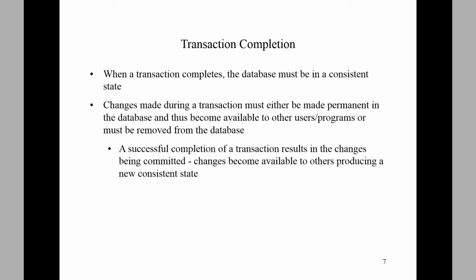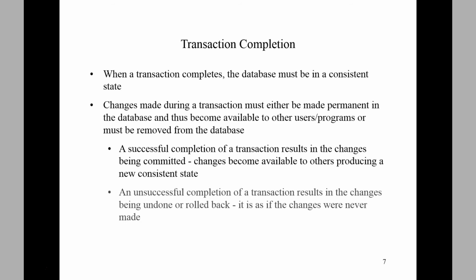With a successful transaction, we've made changes and we wish for these changes to be made permanent within a database. So a successful completion of a transaction results in these changes being committed. They become available to others within the system. An unsuccessful completion of a transaction would mean that we were not able to complete all of the operations satisfactorily.